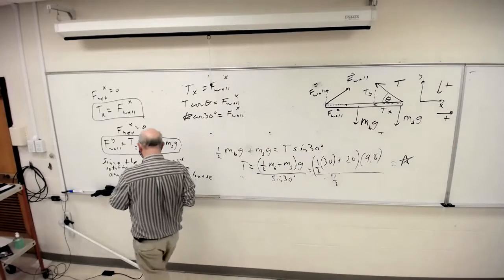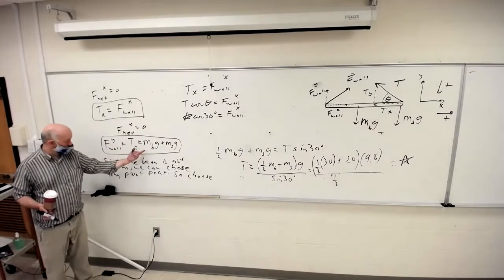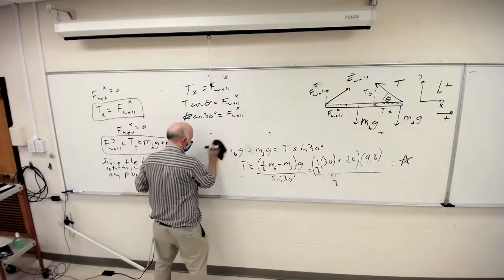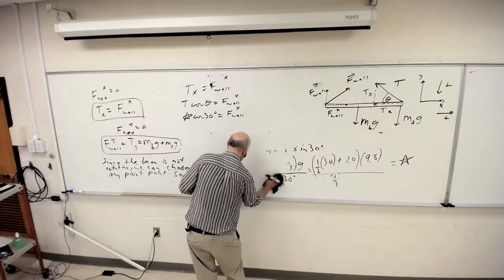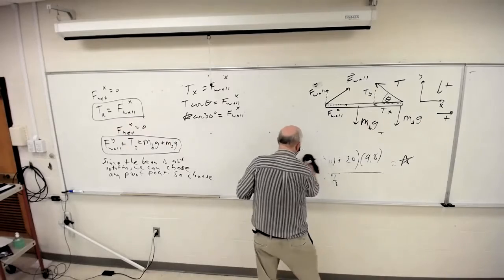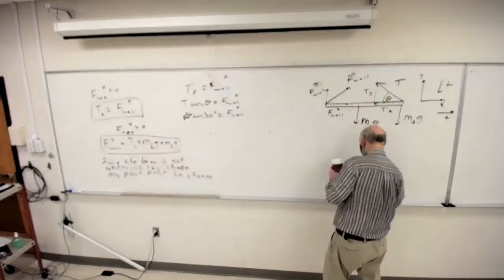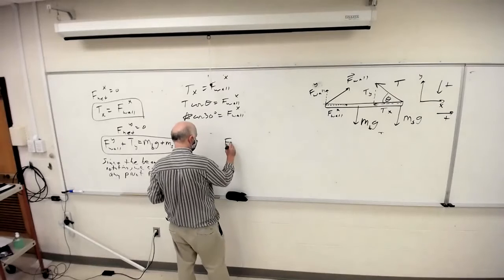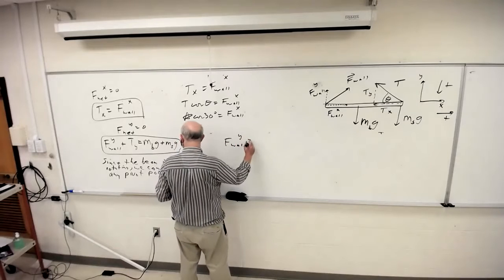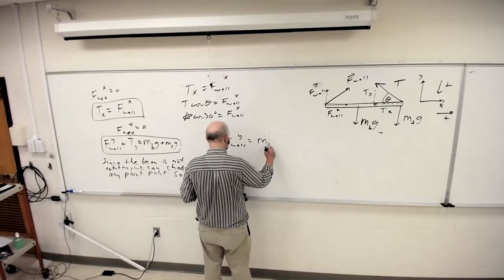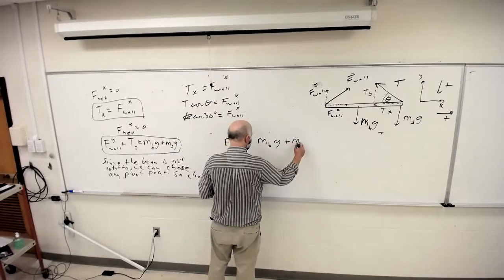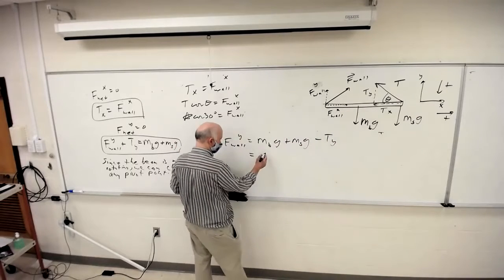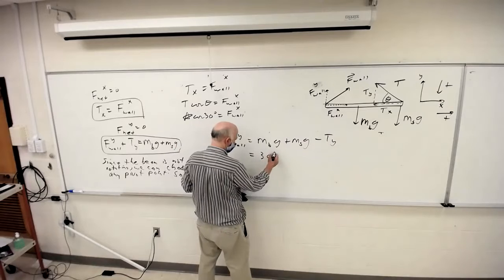Okay, so then how do you find the y force? I'm just going to crank this out. So the y one is this guy, so this would be our 30.